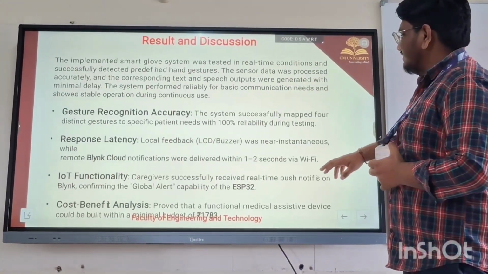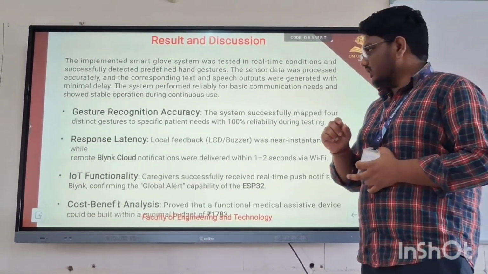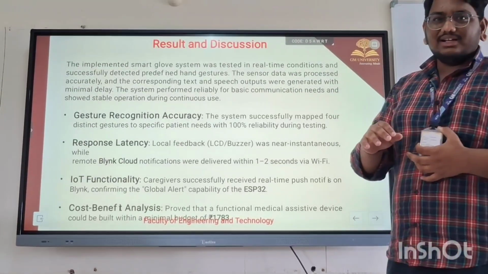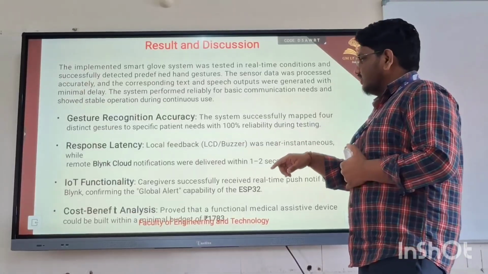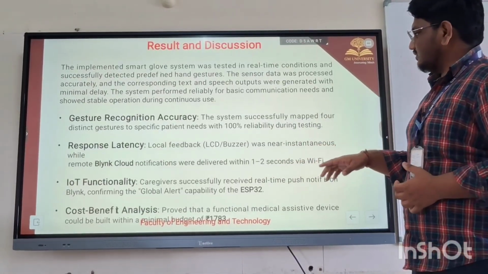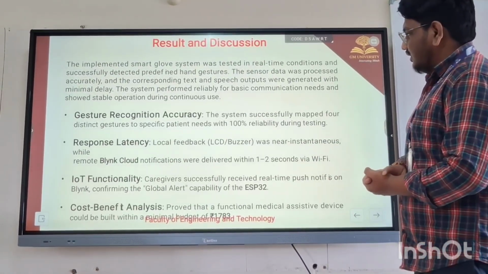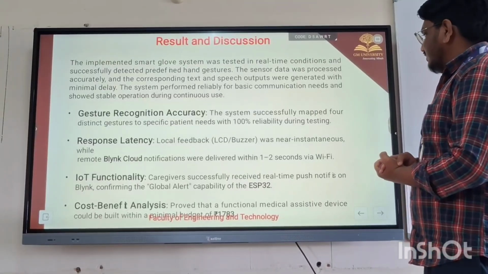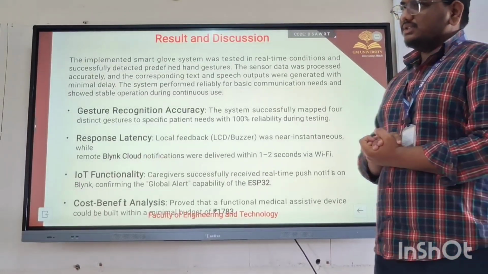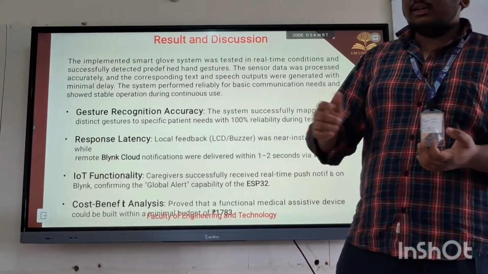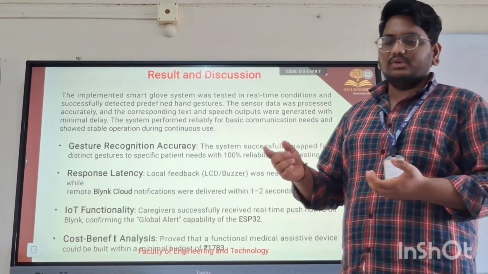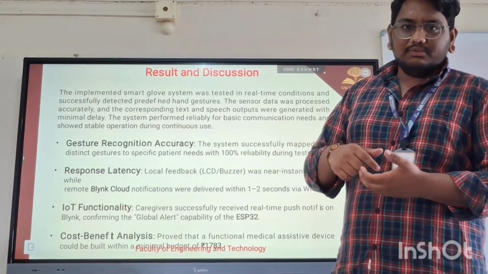And the response latency: we added some delays for sudden movements, and it can be remotely controlled by the Blynk software. And IoT functionalities: when the person is far from us, we can still communicate with them or see their messages through the Blynk software.